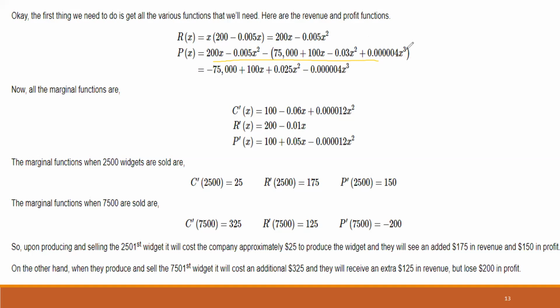There is one x cubed. So we bring back negative 75,000 plus 100x. Now x squared: negative 0.005. The negative here and the negative there, so it becomes positive.